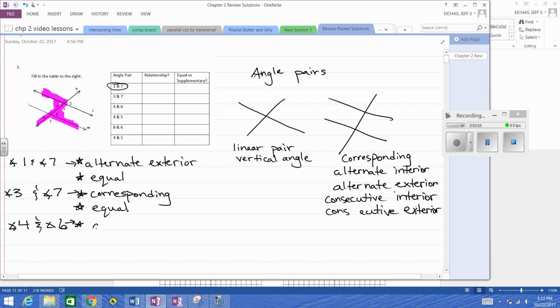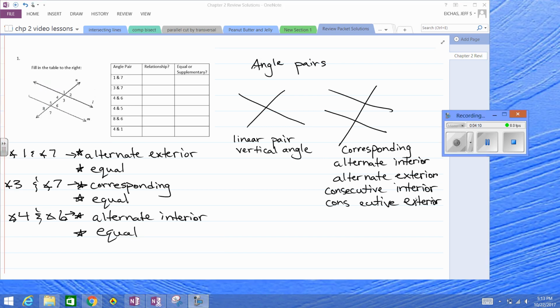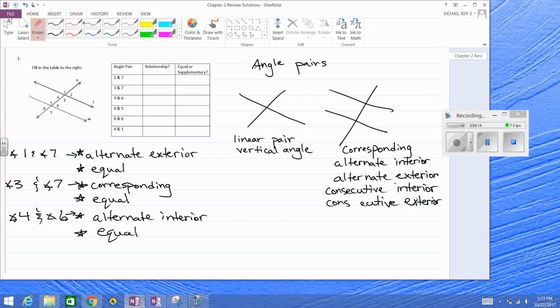The relationship is they're going to be alternate interior, on the other side of the transversal and between the parallel lines. If the lines are parallel, they're going to be equal. All right, so now let's go with angles 4 and 5.